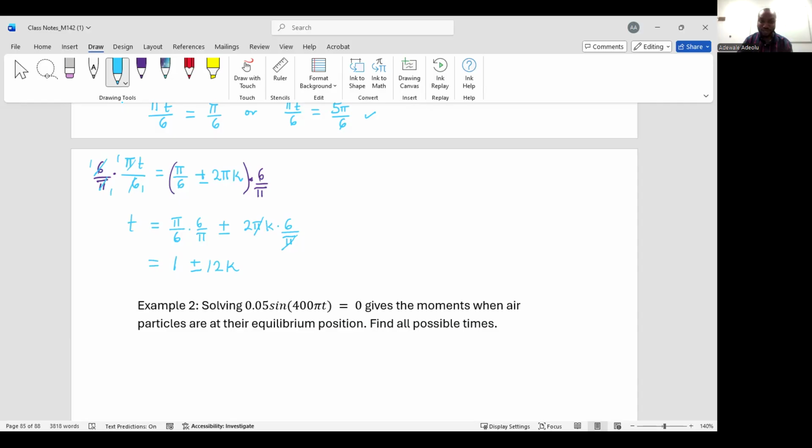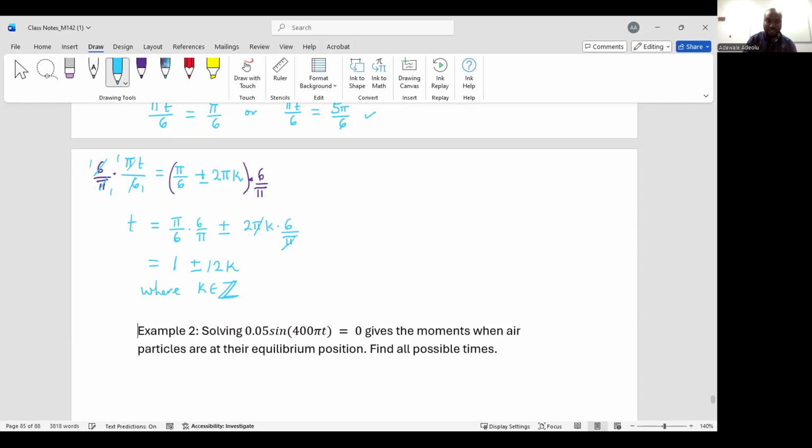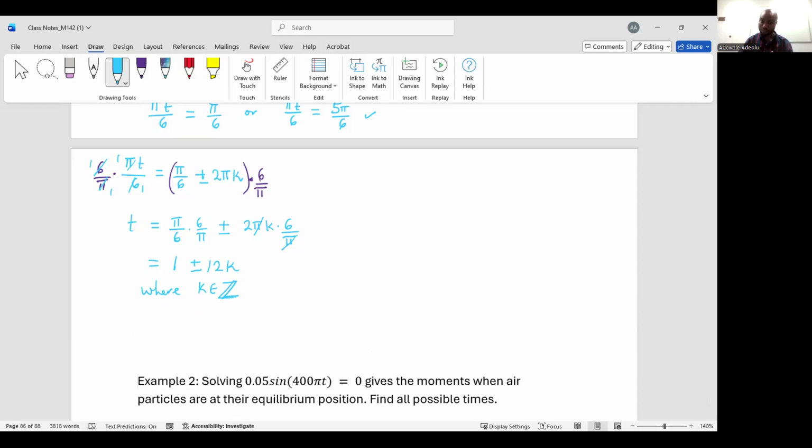So remember, we can say where k is the set of integers. However, our time is always positive. So I'm going to consider just the positive integers, right?